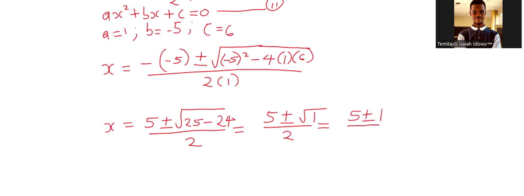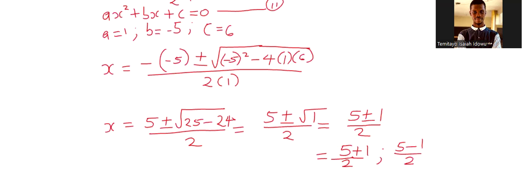So now we have two things here. That means we are going to split them into 2. So we have 5 plus 1 over 2, and then another value will be 5 minus 1 all over 2. So we now have two values of x.